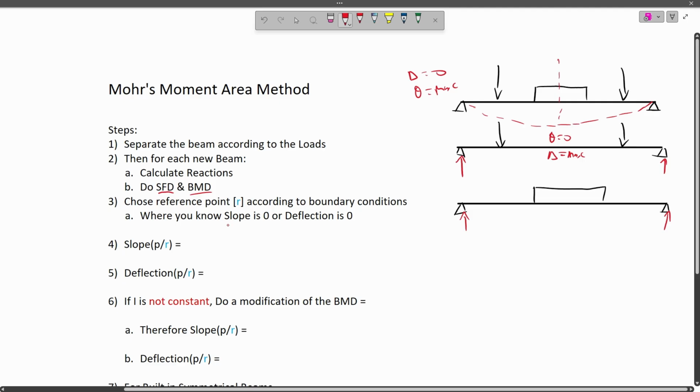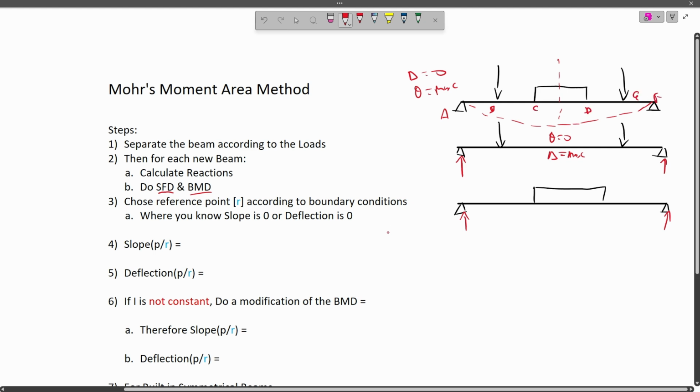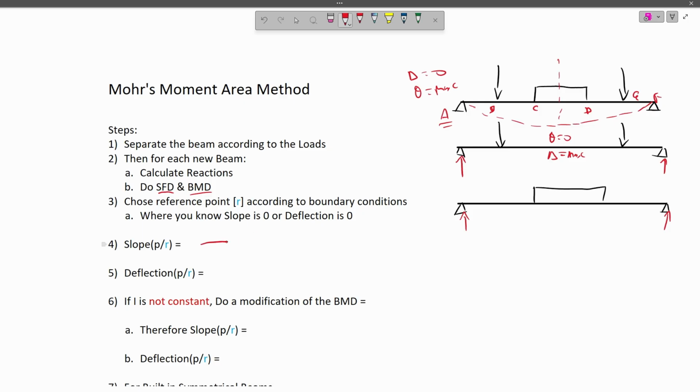So for your reference point, let's say we calculate the slope at A. Let's say this is A, B, C, D, E, and F. Let's say they're looking for slope or deflection at point A. You can reference points where you know something for sure.